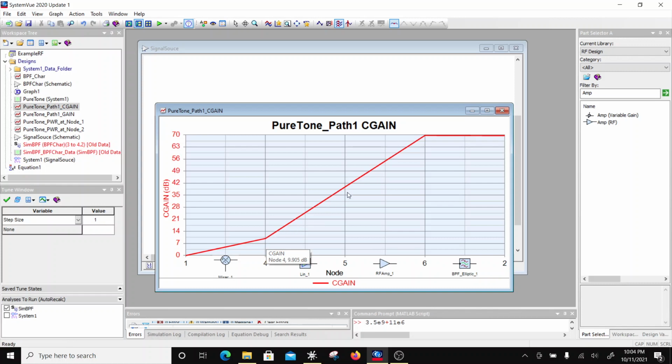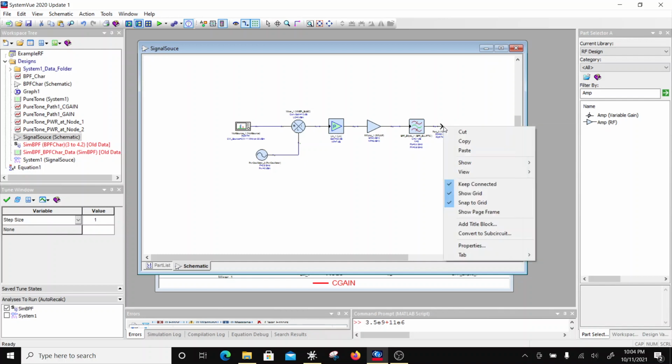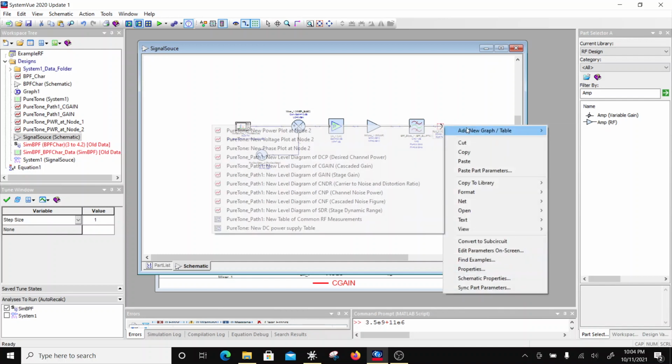Right. And then the linear section will not give you anything. And this PA is also showing a compression. So let's see if there are compression characteristics here. Let's right click on this node, add a graph. Does it show stage gain, cascaded gain, carrier to noise, channel noise power?